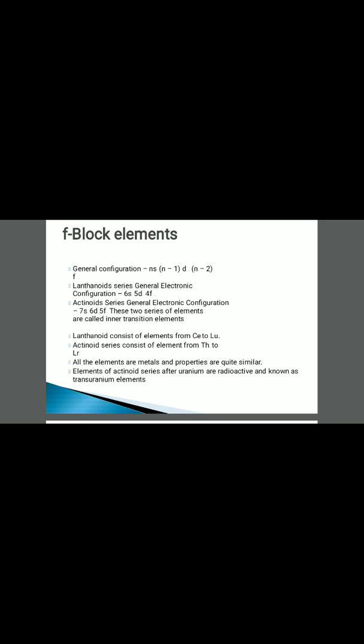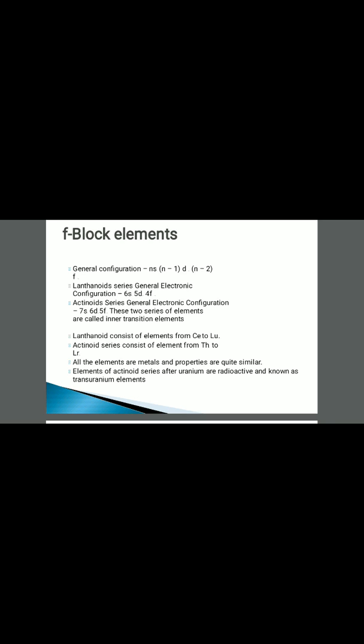The elements of the first series, from cerium to lutetium, Ce to Lu, which form a part of the sixth period, are called lanthanoids or lanthanides, since all these elements follow lanthanum, that's why they are named so.